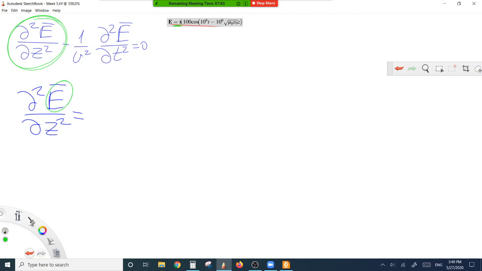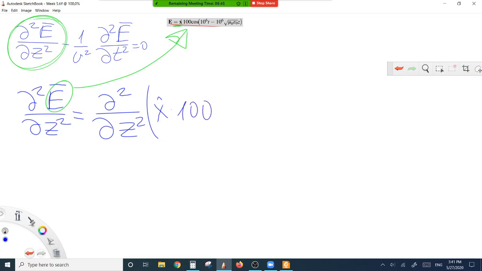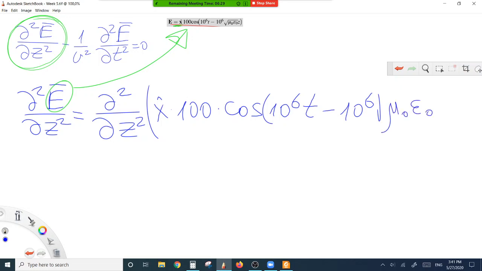Let's put this one instead of E, and what we have is d squared over dz squared of x multiplied by 100 multiplied by cosine of 10 to the power 6 t minus 10 to the power 6 square root of mu 0 epsilon 0 z.